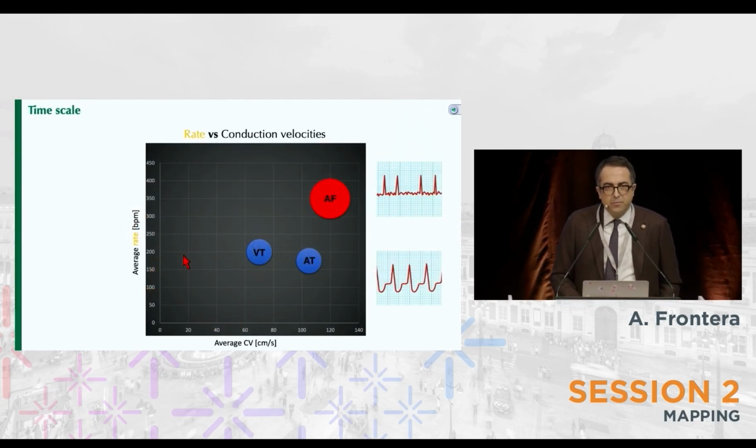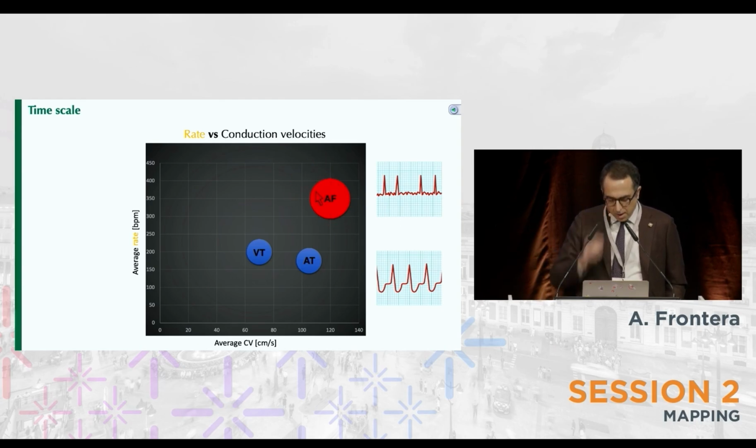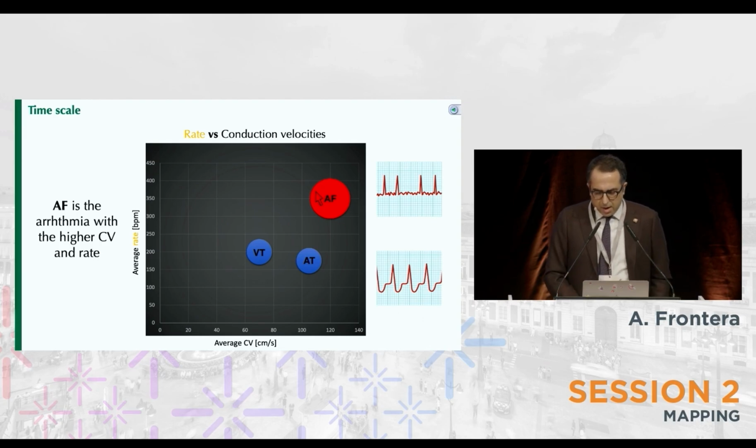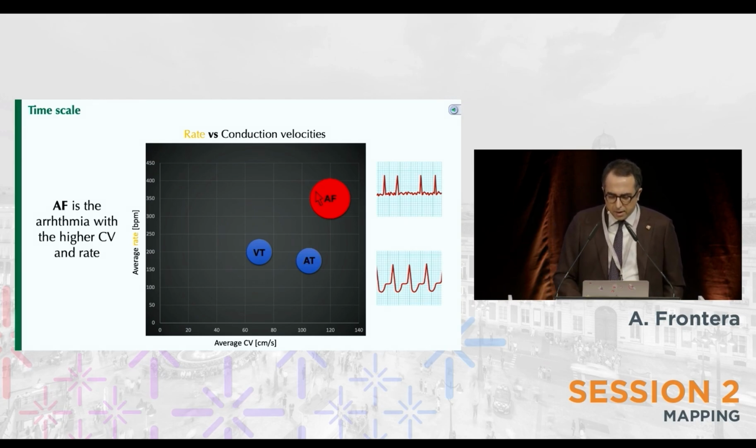If we build a graph where we plot rate versus conduction velocities, we will not be surprised to have atrial fibrillation at the top right of the graph. Atrial fibrillation has the fastest rate and conduction velocities. VT and AT indeed play with lower rate and average conduction velocities. This means one thing, that atrial fibrillation is prone to functional phenomena.